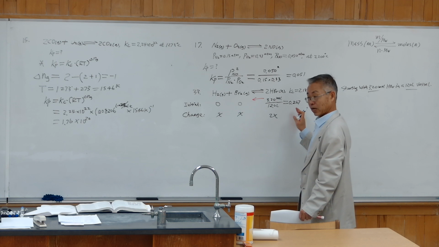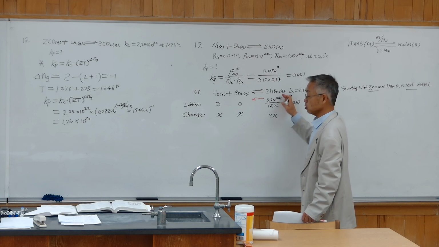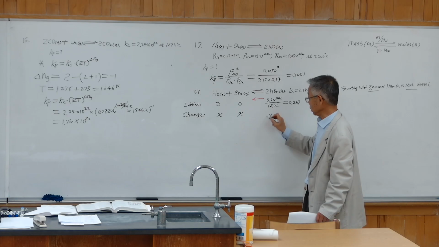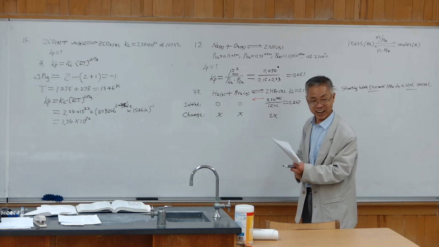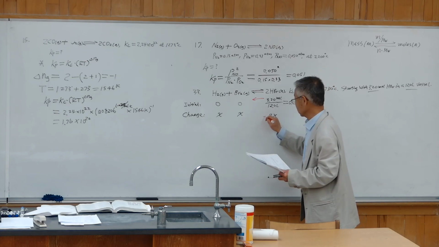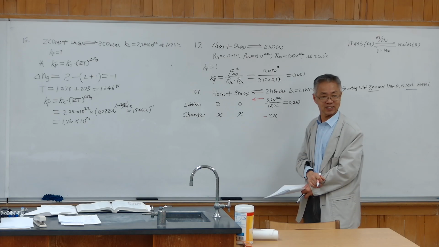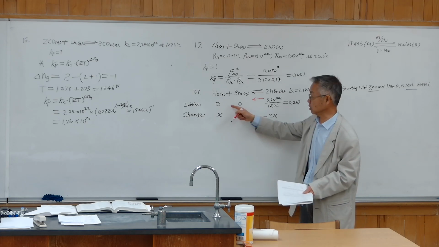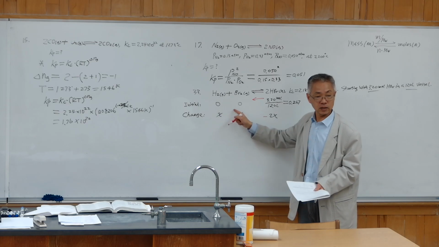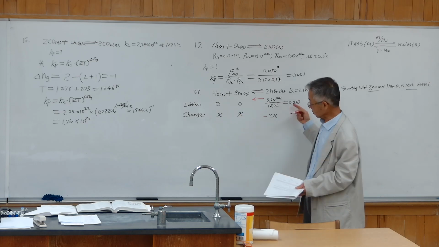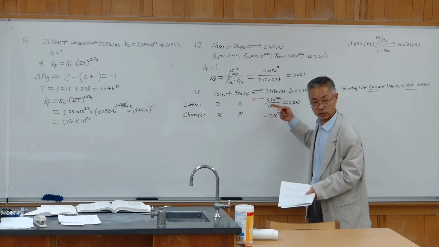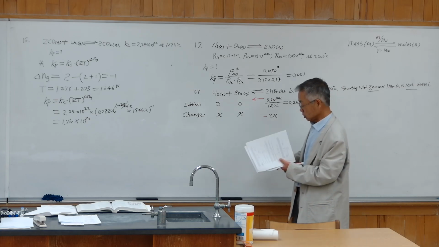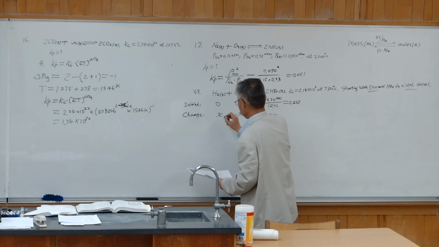So the actual reaction is from HBr to H2 and Br2. This means HBr is a reactant, so this 2x will be negative. Then these two will be positive.